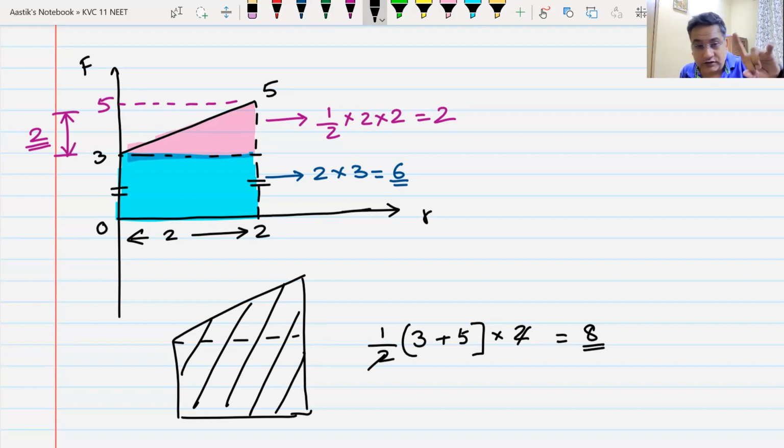You will get at least one question on graph where you will have to find out the area of the graph, whether it is velocity time graph, where the area gives you displacement or distance, or force displacement graph, where you find the area and you get the work done. There are going to be other graphs as well: force and time, where the area gives you impulse. So one question you should get on graphs, and that is why I spend so much time on graphs.